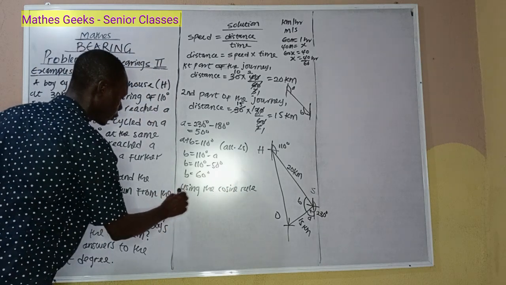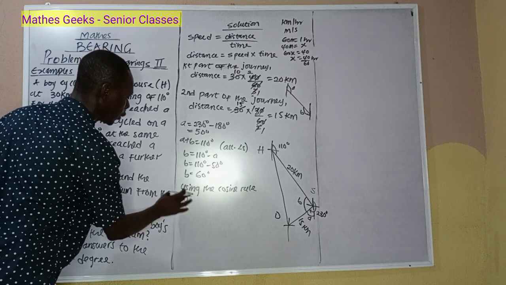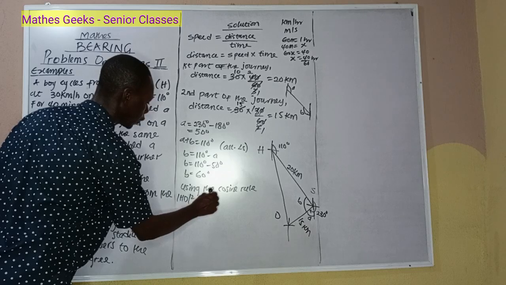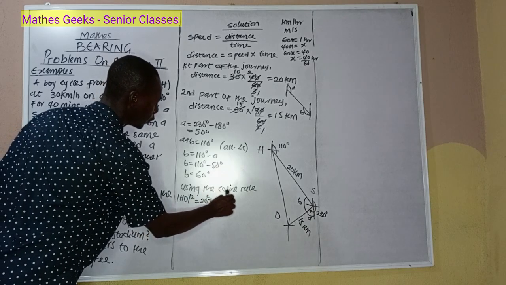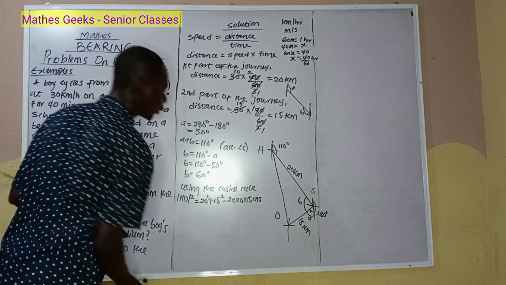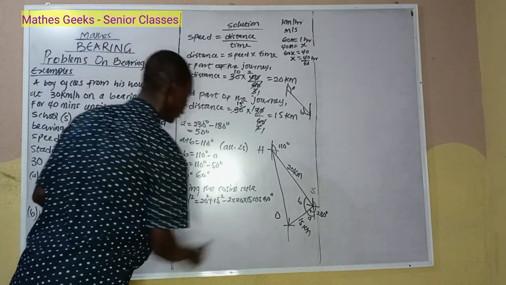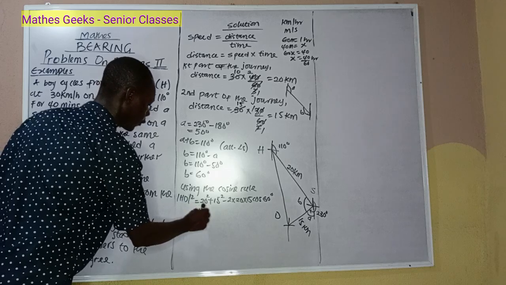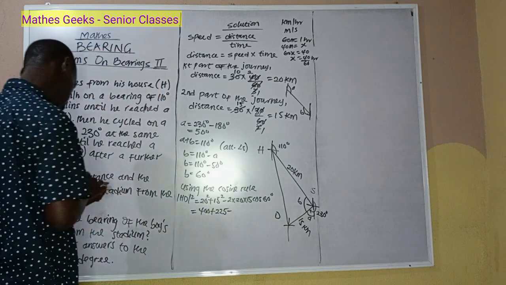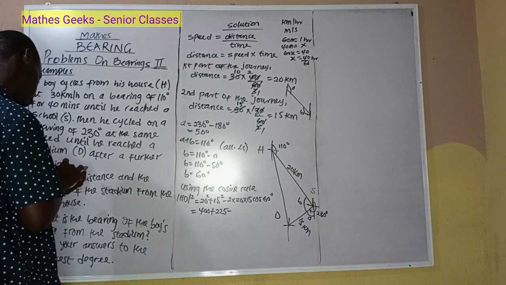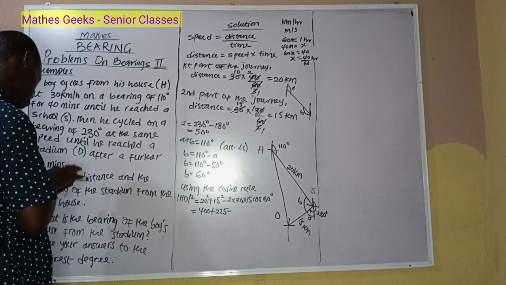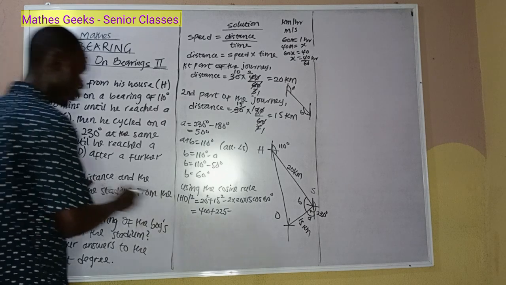So HD squared is equal to 20 squared plus 15 squared minus 2 times 20 times 15 cos 60 degrees. That's 400 plus 225 minus 2 times 20 times 15 times cos 60, which is 300.